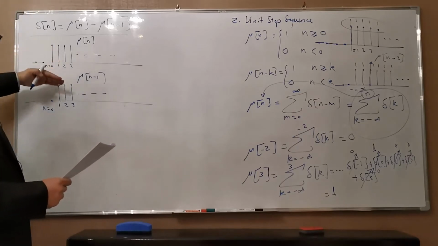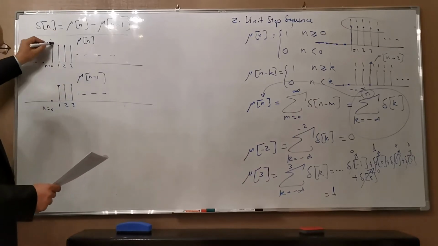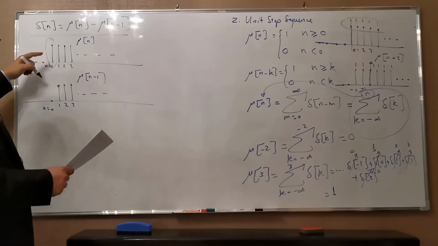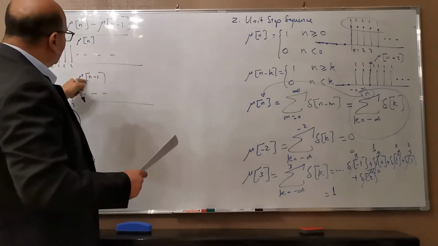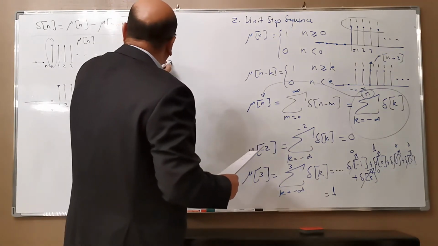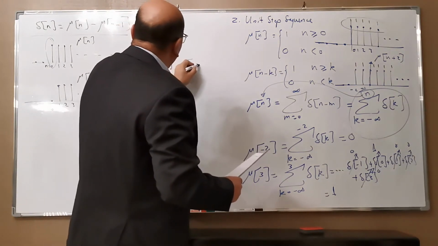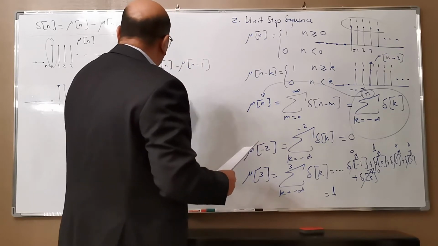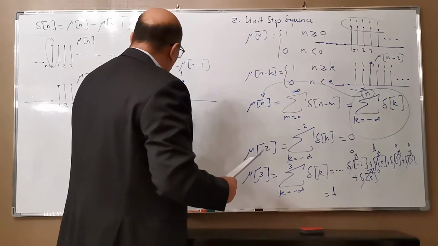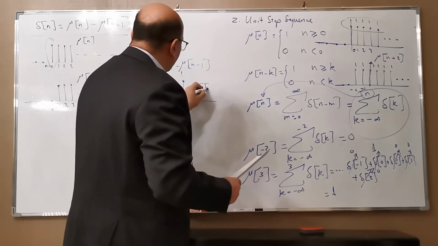If you subtract this one from this one, you end up with this sample only, which is the delta. So mu of n minus mu of n minus 1 is equal to 1 sample at n equals 0, which is equal to delta of n.